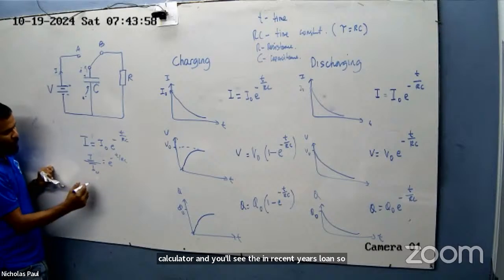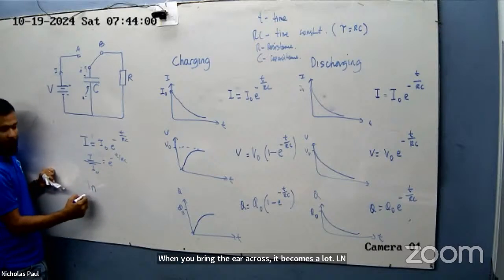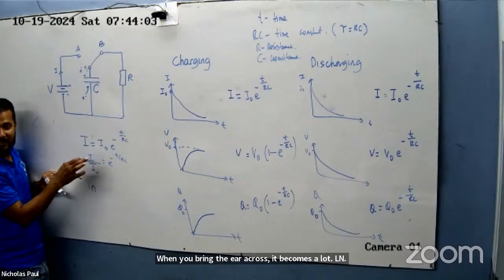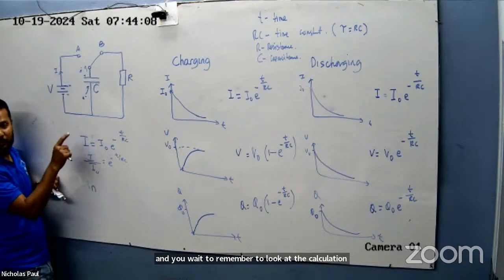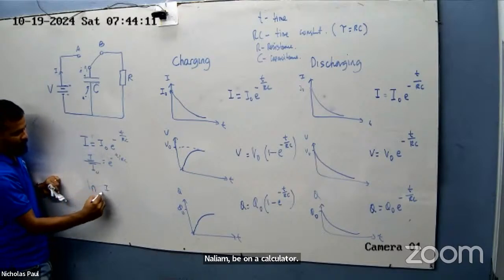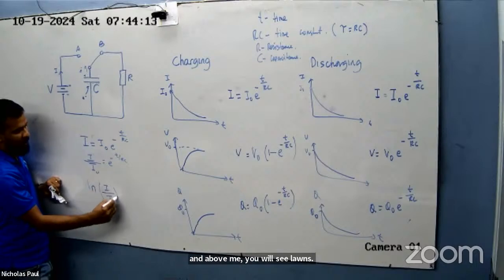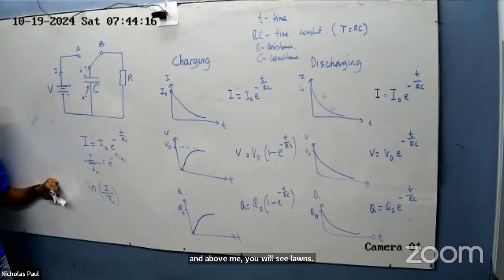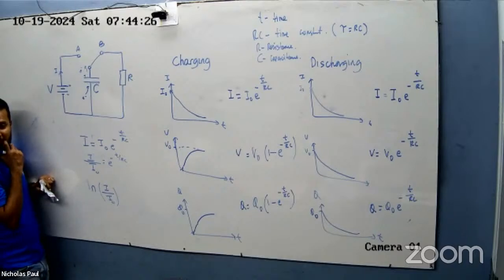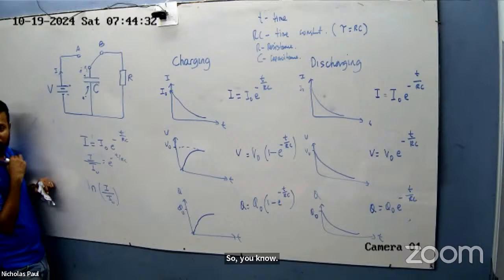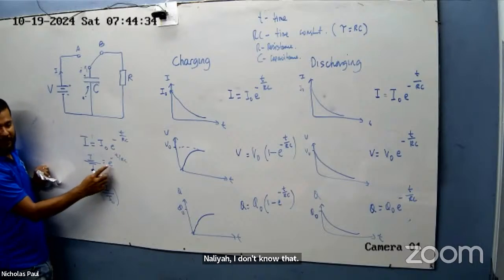When you bring the E across, it becomes ln. And the way to remember it is look at E on the calculator, and above E you will see ln. So always remember the opposite of E is ln.